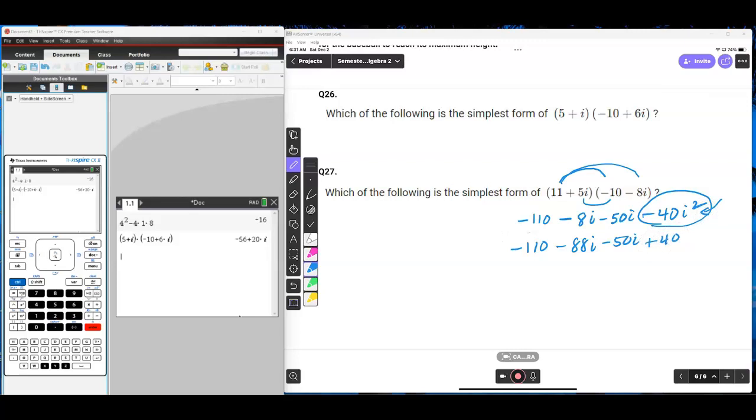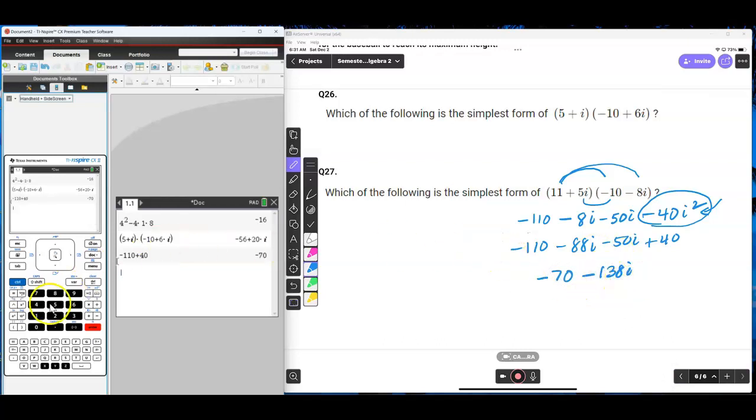So negative 110 plus 40 is negative 70. And this will be negative 138i.